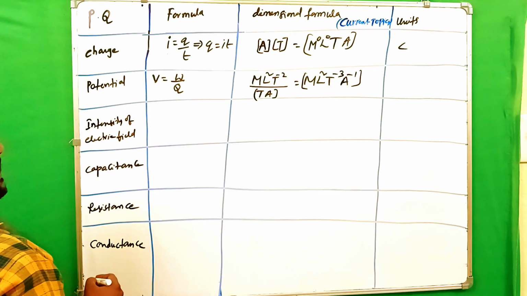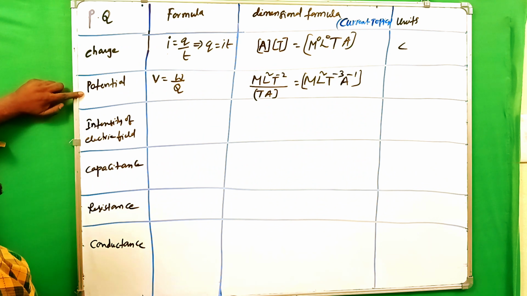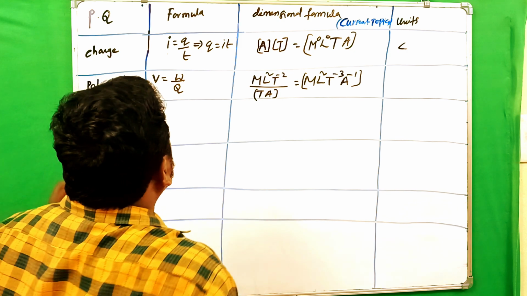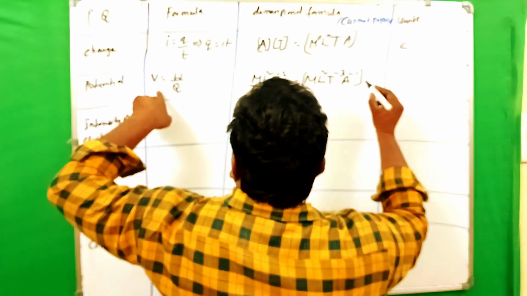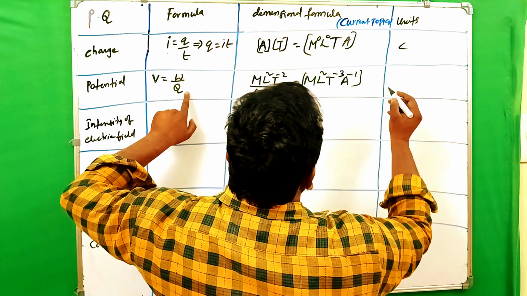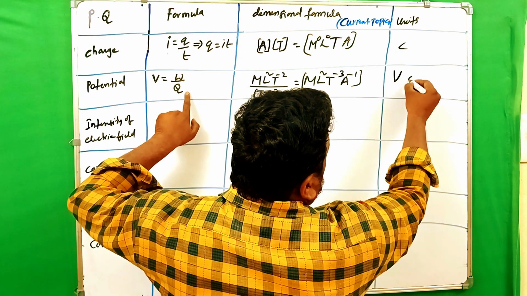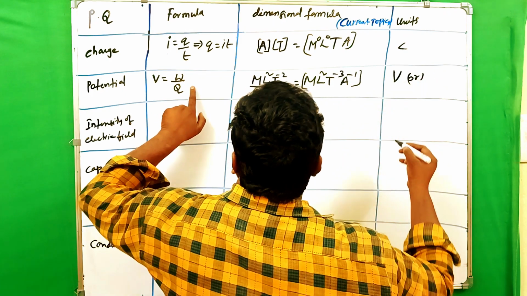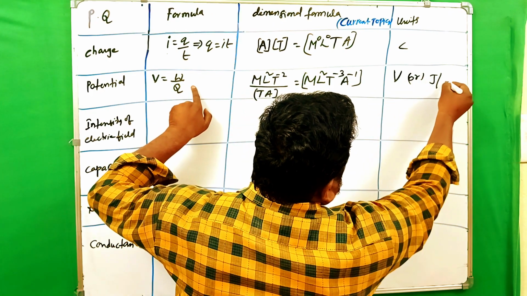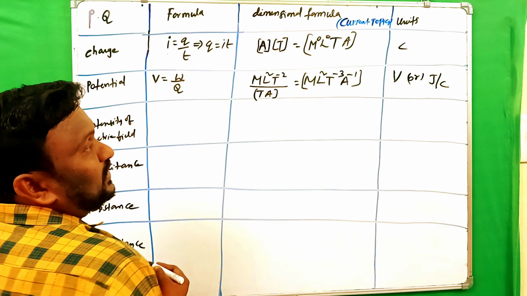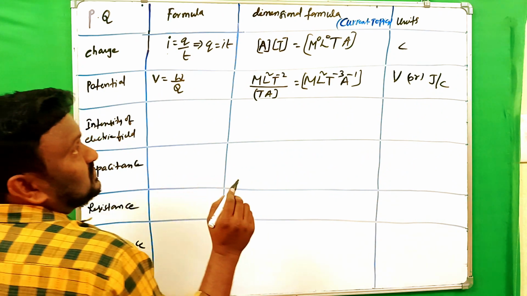And the potential unit: V means volt, or you can write joule per coulomb. Coulomb is the charge unit.